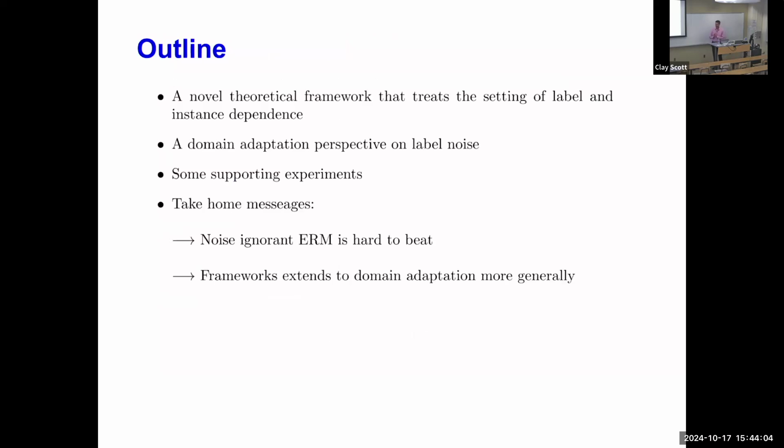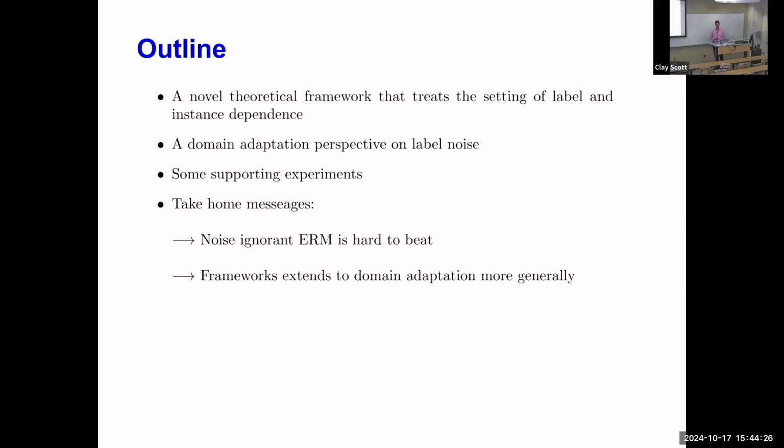All right, so the outline for today's talk is going to be a theoretical framework that treats this most general setting of label and instance dependence. And we're going to do so by adopting the perspective of domain adaptation. I'll tell you what that is.